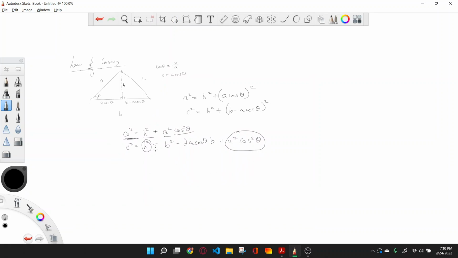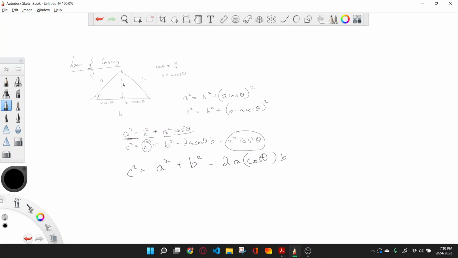Now that we have these two equations, we can substitute these two terms for A squared. So C squared equals A squared plus B squared minus 2A cosine theta times B.